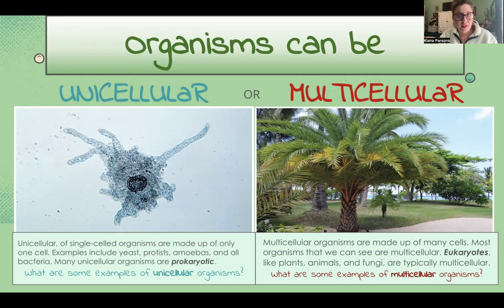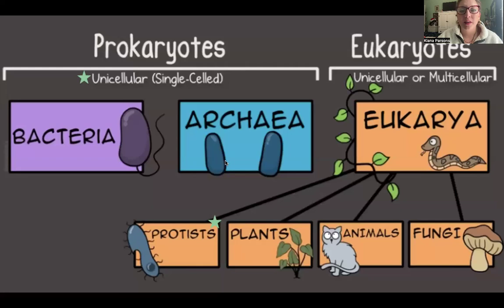So, what are some examples of multicellular organisms? That tree, you and me, dogs and cats, a snail, a tiger, lions, tigers, and bears, in fact, are all multicellular. So uni meaning one, multi meaning many.